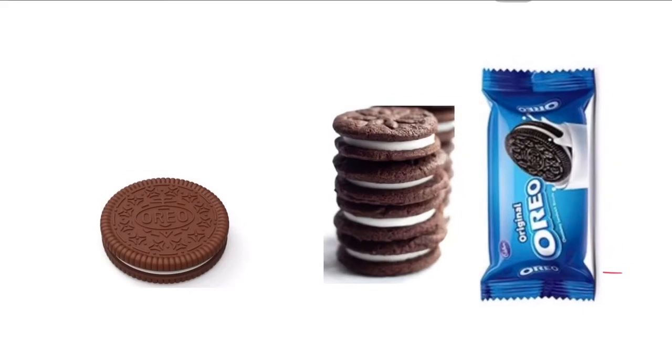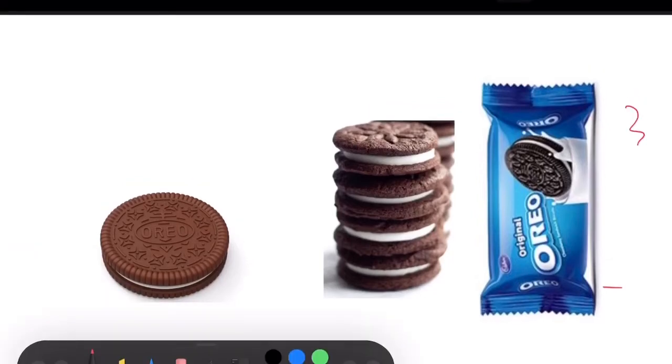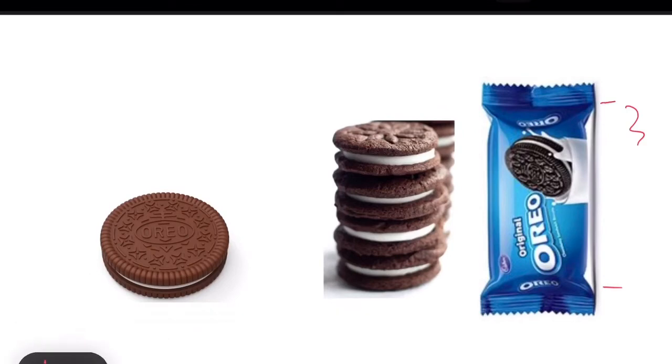Everyone is familiar with this biscuit, the Oreo. The shape is circular, and the packet of this biscuit looks like a cylinder. The height of the packet is h, and the radius is r.